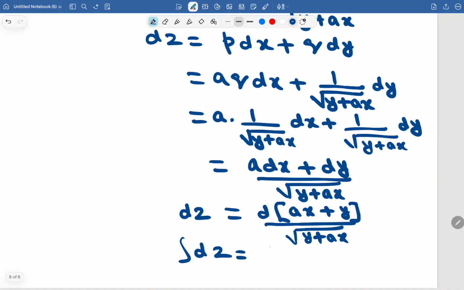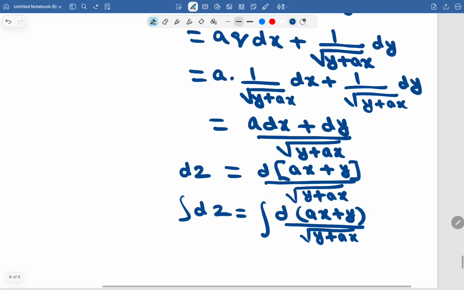Integrating, dz equal to d of ax plus y by root of y plus ax.